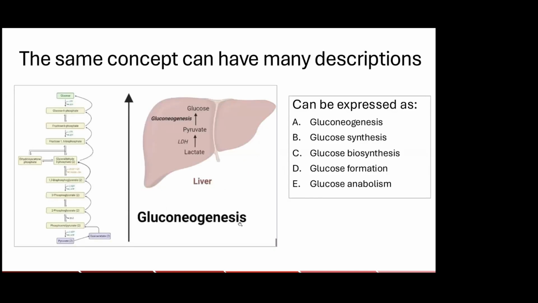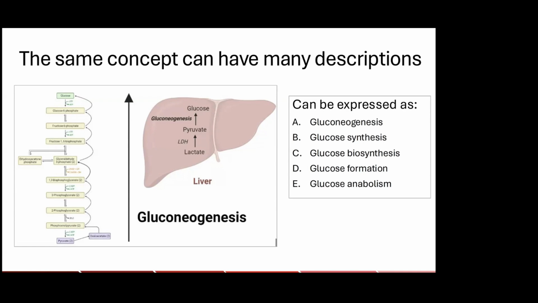So one concept can have many ways to describe it. For example, this is gluconeogenesis, the synthesis of glucose, and you can find it in textbooks or in various papers under these different names. For somebody with a biology training, this is very obvious, but for somebody with, let's say, a bioinformatics or informatics training who wants to analyze data, they might not immediately see that, from the paper, this represents the same concept.